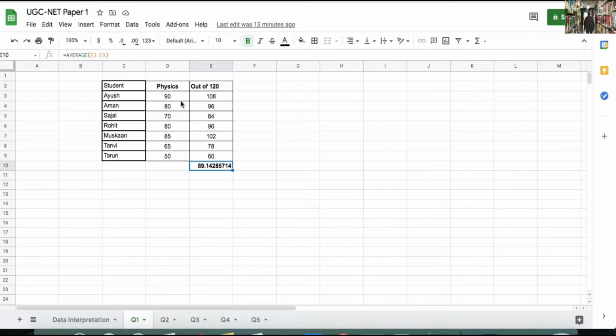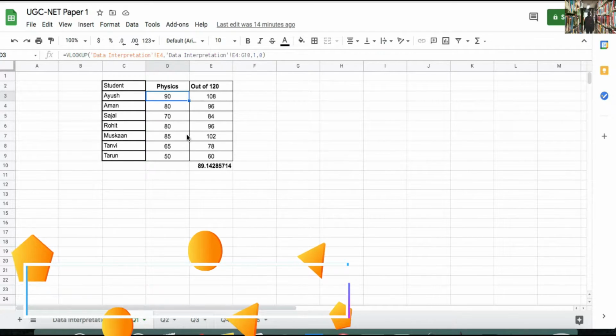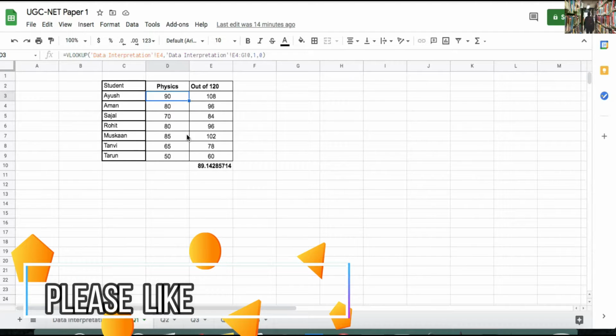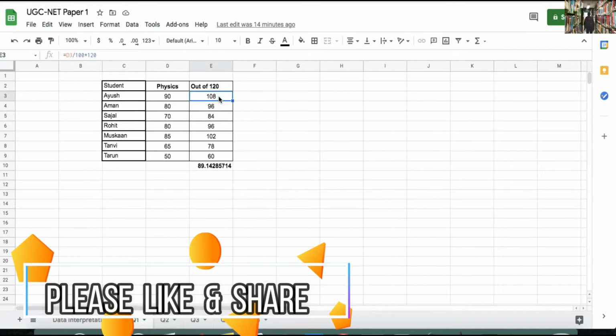Now if we look into this, I've used some formula here, though you will not have access to the formulas. You can use a pen and paper that will be provided when you write the exam. So see, Ayush got 90% in physics. Out of 120, how much did he score? He scored 108.